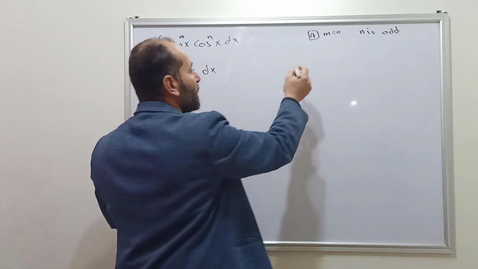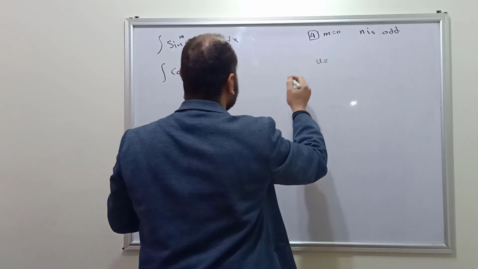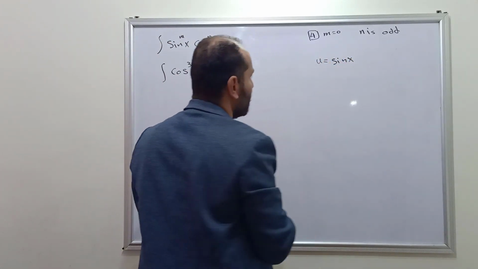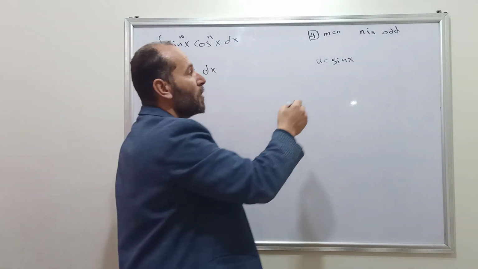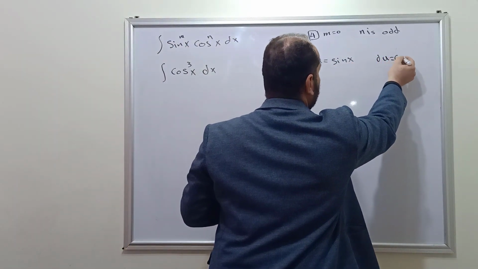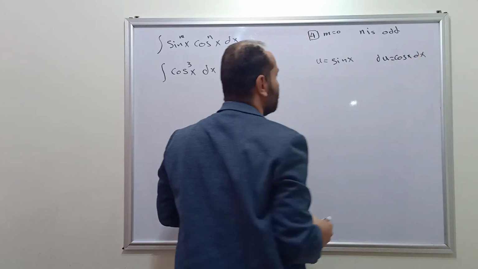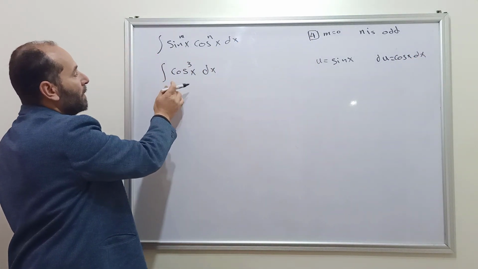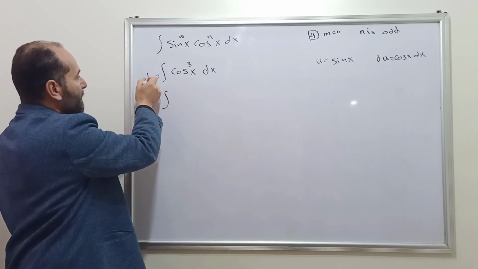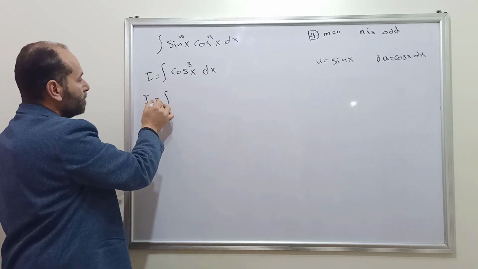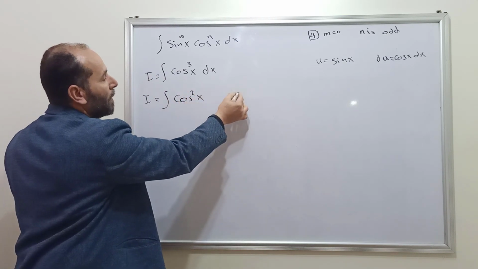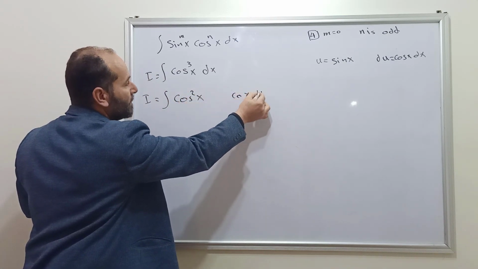In this case, we make the substitution u equals sine x, du equals cosine x dx. We make this integral: the integration becomes cosine squared x cosine x dx.